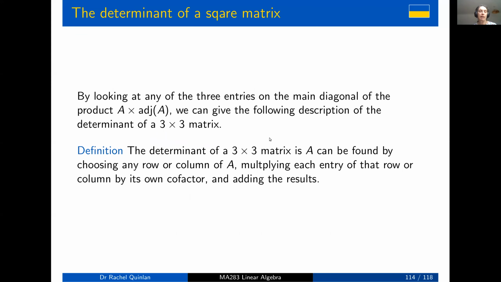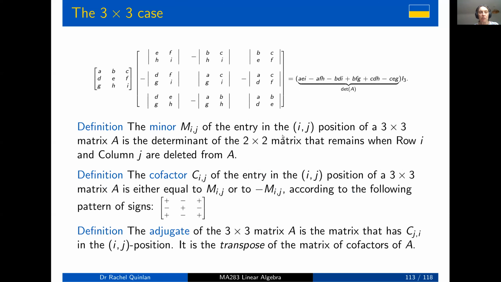Okay, so to calculate 3 by 3 determinants then, here's what we can do. If we look at any of the 3 entries of the main diagonal of the product A multiplied by the adjugate of A, what are we saying? The determinant of A appears in each of the 3 diagonal positions of this product.